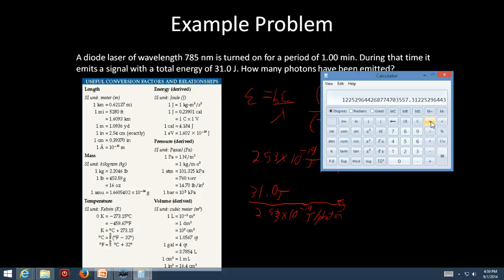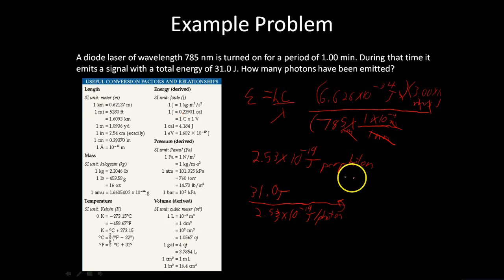So it ends up being a huge number. Let's see here, to 3 sig figs. So it's 1.22 times 10 to the 20th photons.